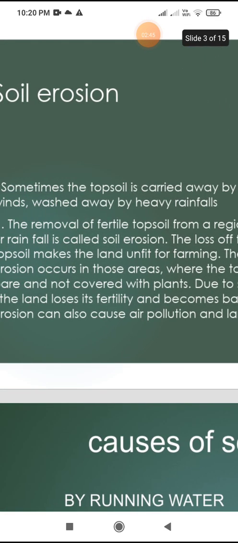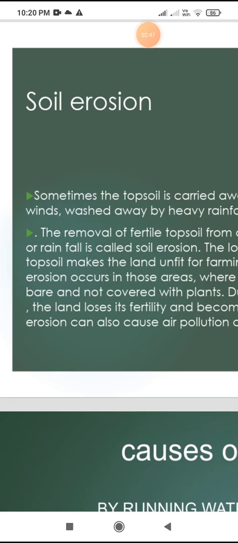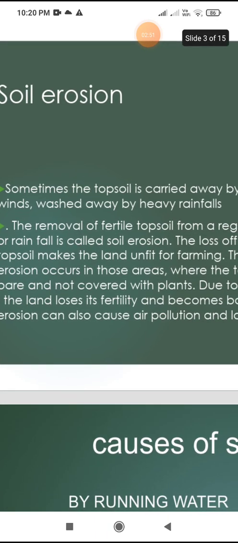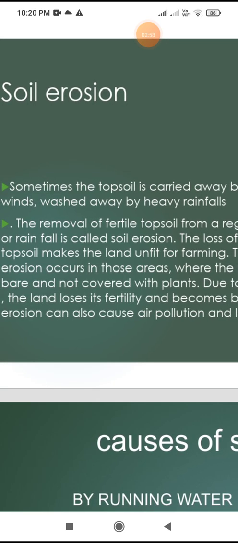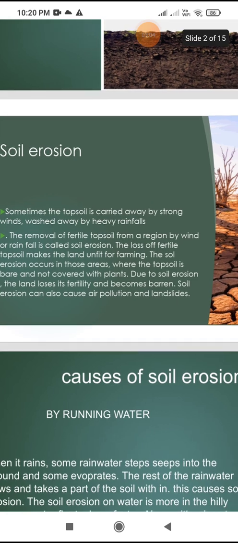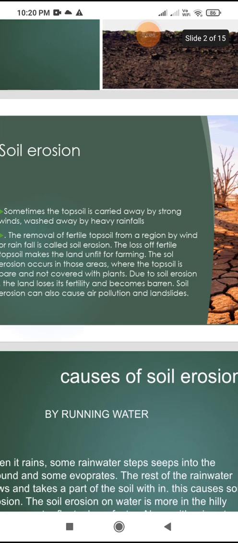So soil erosion means removal of topsoil. Soil is made up of different layers. So the upper layer is known as topsoil. This topsoil contains humus. In yesterday's class you learnt this. So the humus is nothing but the dead and decayed parts of plants and animals, and this is very essential for the growth of plants.